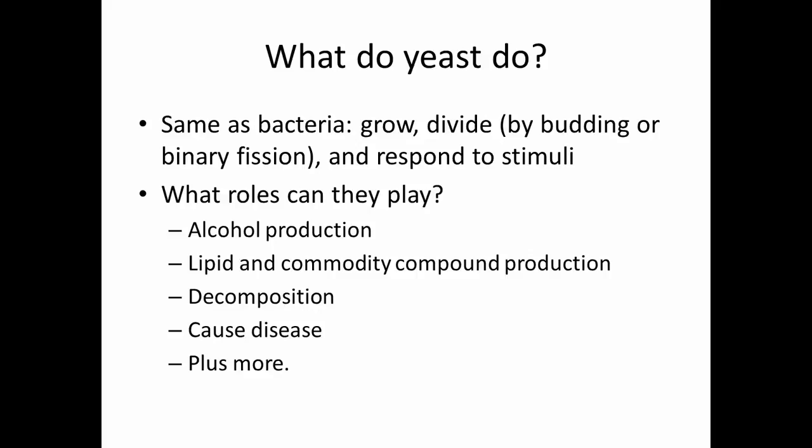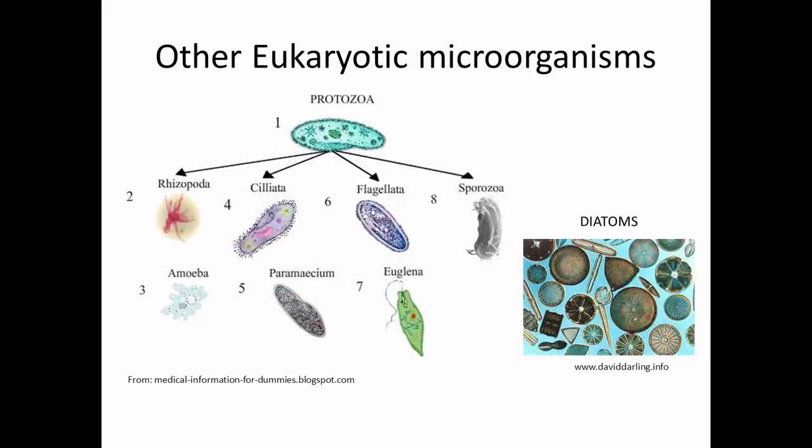And of course, we went over how Aspergillus niger can produce a lot of citric acid. So that's one of the things yeast can do. They decompose plant matter, animal matter. They cause disease as well. Oral thrush is just one example of a disease that can be caused by a yeast, plus much more stuff.